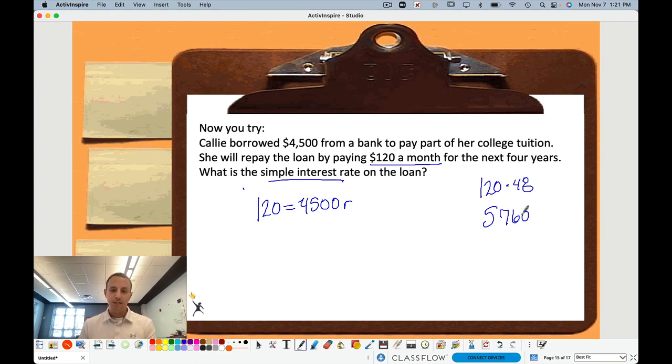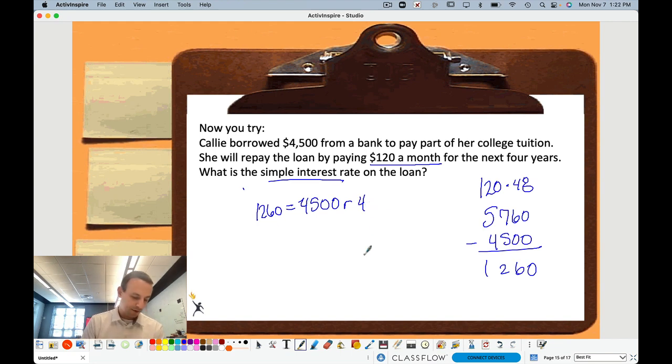So the difference between the two, this one's a tricky one. We subtract it, and we get $1,360. I'm sorry, $1,260. Helps if I can do my math correctly. So that becomes our new number over here. Instead of plugging in 120, we're going to put $1,260. And then we have our time over here as being 4.